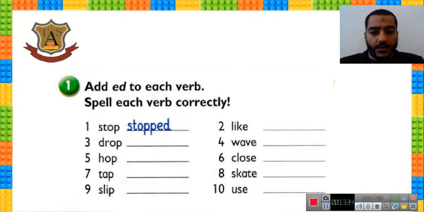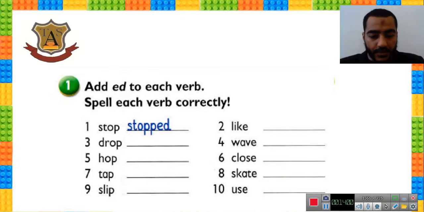Okay, let's see the next. These are some examples in your language book. We add ed to each verb, spell each verb correctly, and write them correctly. One, stop, stopped, as we know. Like, as we said, we will add just d.